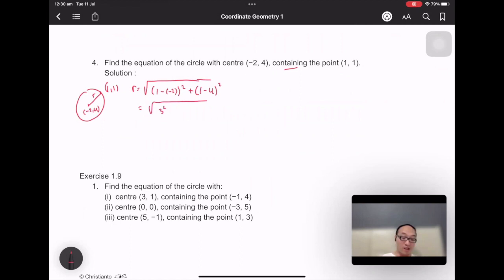It's 3 squared plus 3 squared, the same as -3 squared. It's square root of 18. So the equation is x plus 2 squared plus y minus 4 squared equals 18.